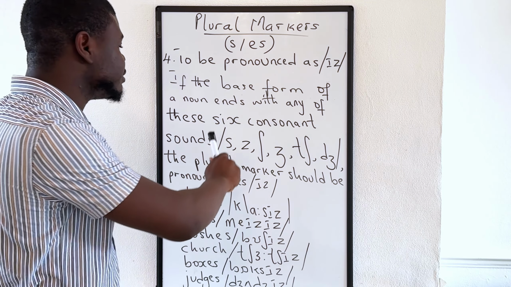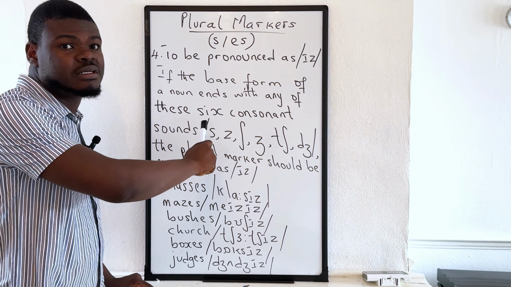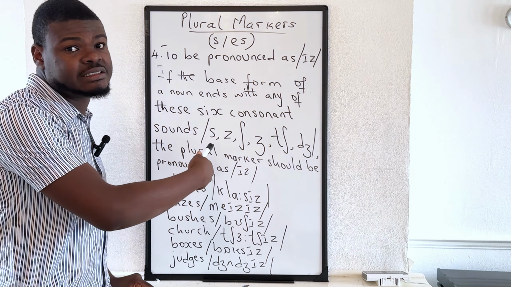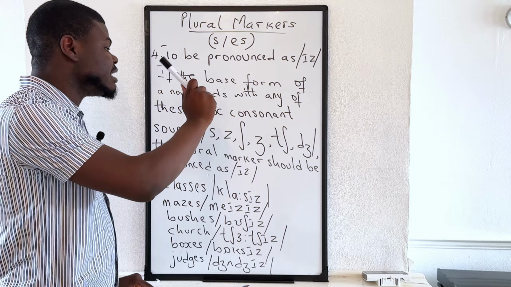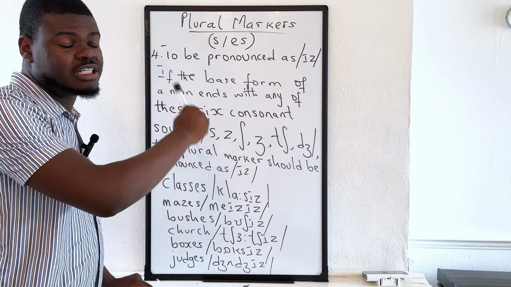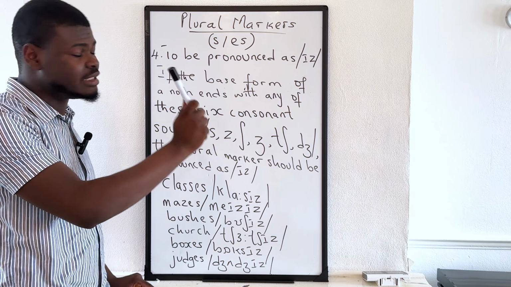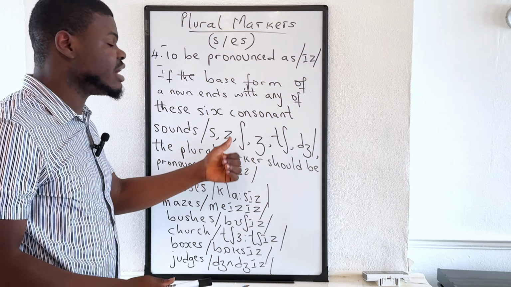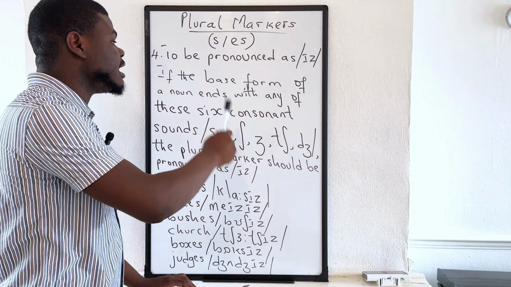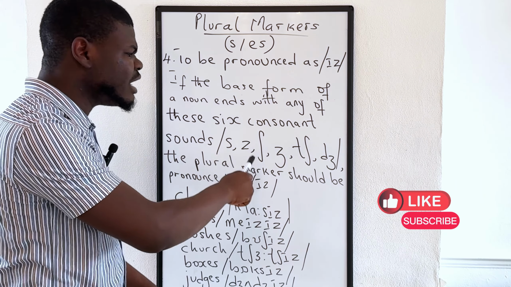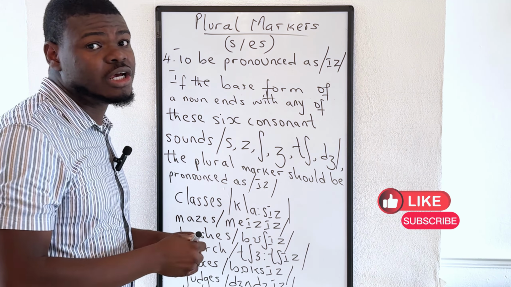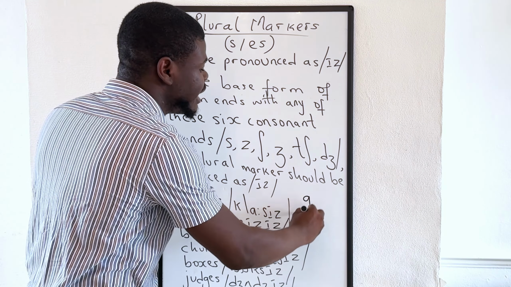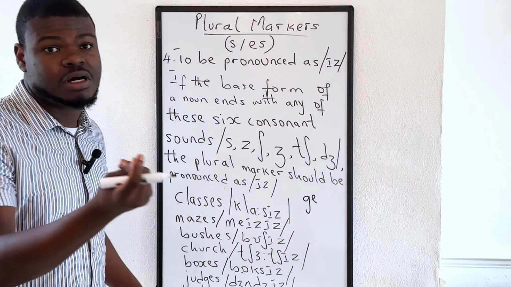So what are the 6 sounds? The sound S, mostly realized by letter S or letter C. The sound Z, mostly realized by letter Z or sometimes letter S. The sound sh, mostly realized by SH. The sound J, realized by letter G, especially when it comes at the end of a word, like the GE in garage.